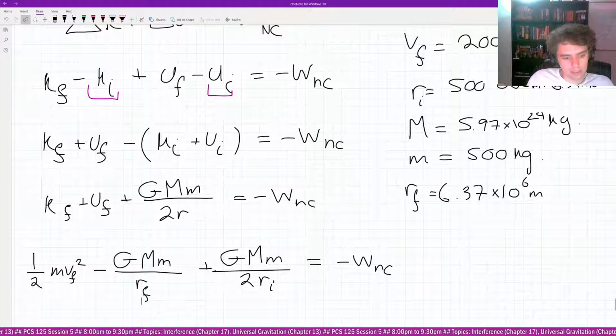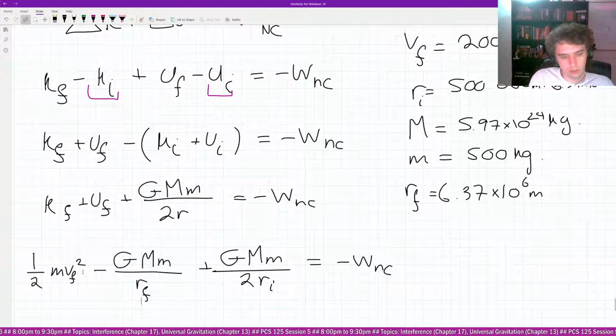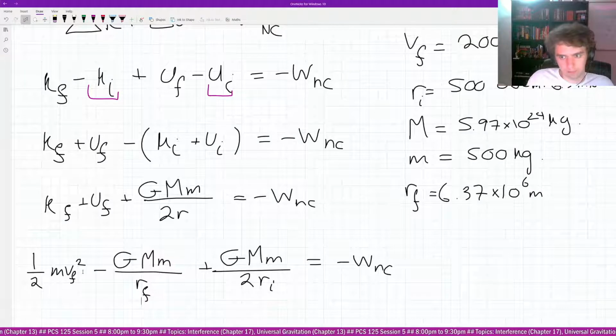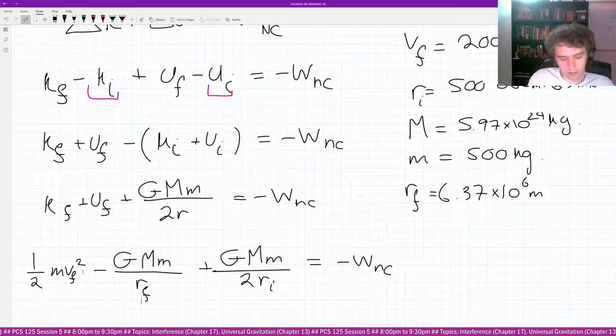So 500 times 2,000 squared over 2, minus the fraction 6.67 times 10 to the negative 11 times something. That something is 5.97 times 10 to the 24 times 500. Did I do 500 or 5,000 for the first one? 500, okay. And the denominator is Rf, which is 6.37 times 10 to the 6.